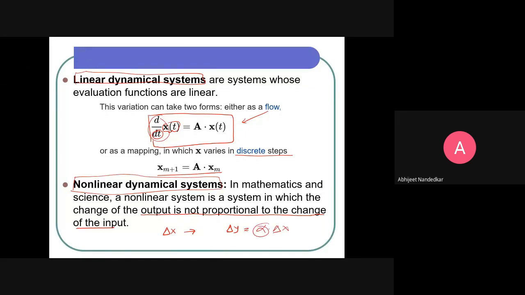There is not a linear relation. So this does not hold when you talk about a non-linear dynamical system. Suppose we have a non-linear system, which we face in general, then this equation does not hold.